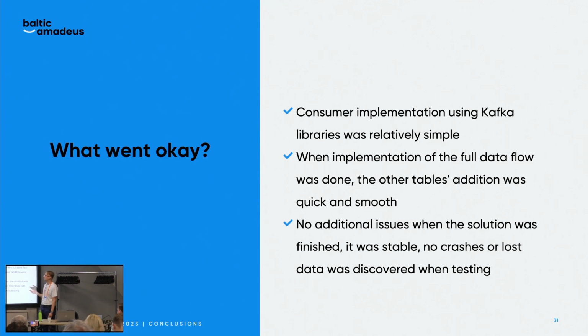From the Kafka standpoint, it was pretty straightforward, and we didn't have any problems. When the implementation of the full data flow was done, adding the other tables was quick and smooth. As I mentioned at the beginning of the presentation, theoretically it should have been copy-paste, and it was. There were no additional issues when the solution was finished.